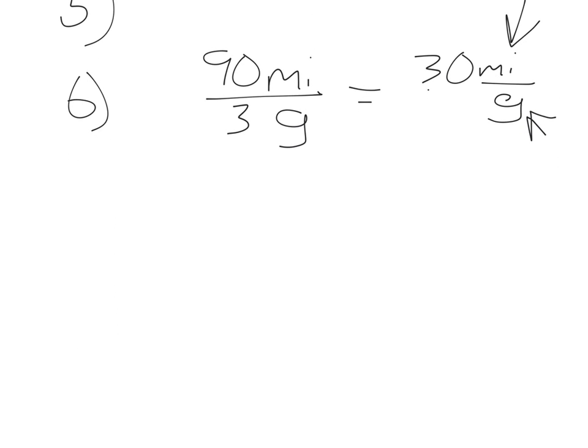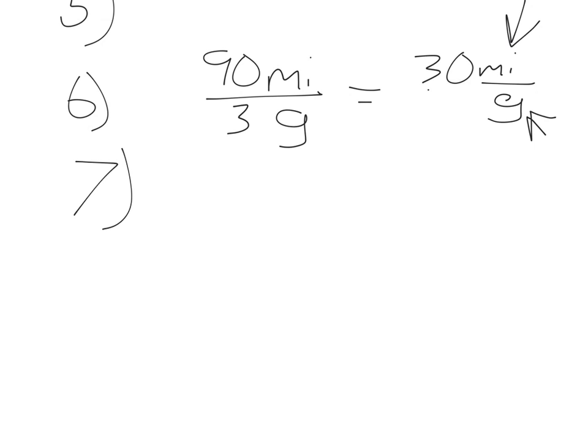Okay. Moving along. 7. Using a grammatically correct sentence, describe how you made the choice for number 6. How did I make the choice for number 6? Essentially, I chose to divide them.